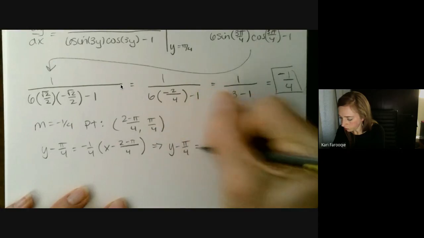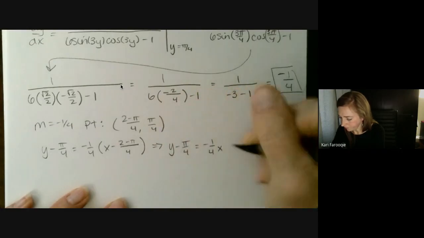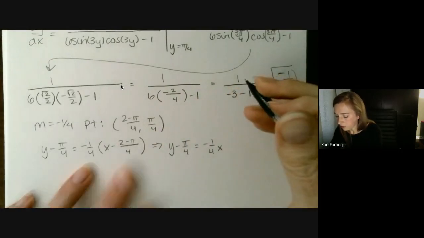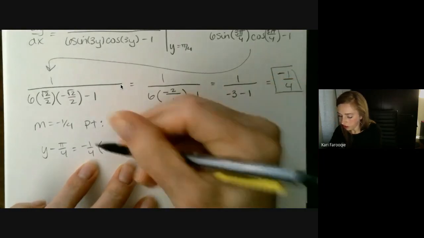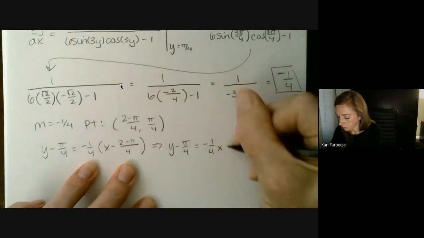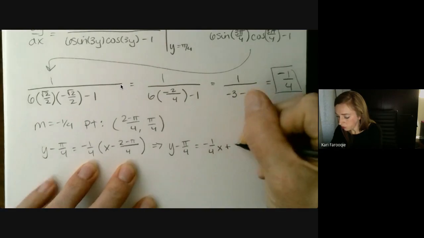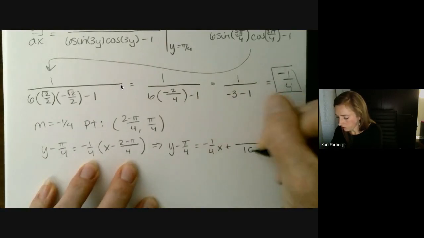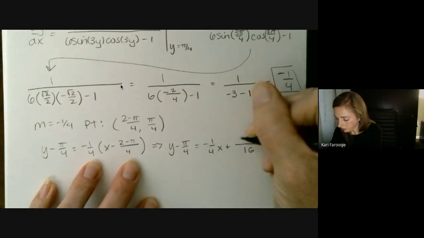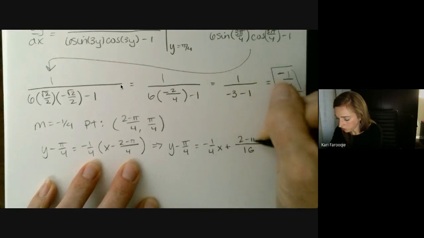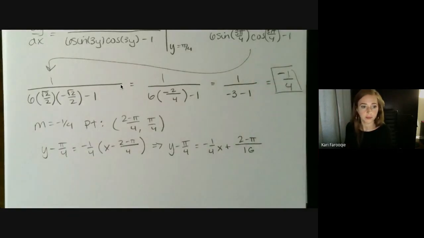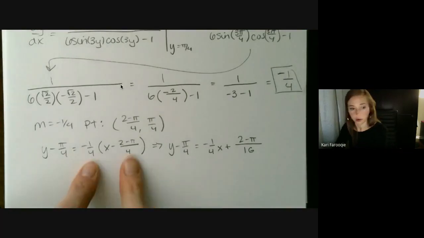Distribute first. Now, it's kind of up to you how you do this. I might just say take a negative times a negative as a positive, multiply the denominators together to get 16, and then the numerator can just stay 2 minus pi. I feel like students are always confused about what happens here when I distribute.